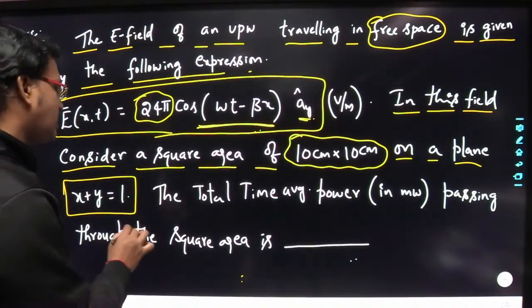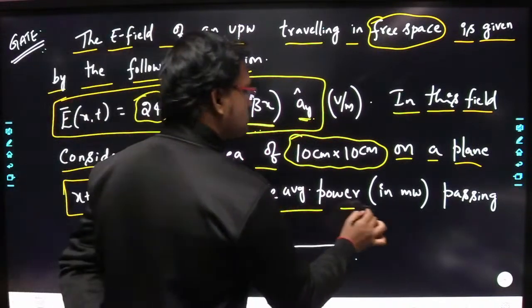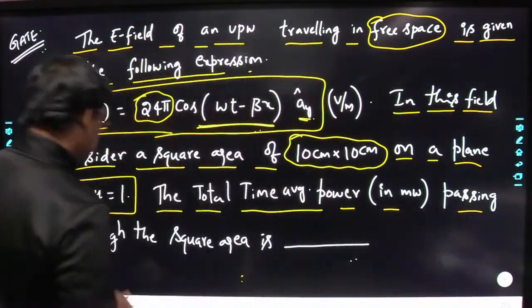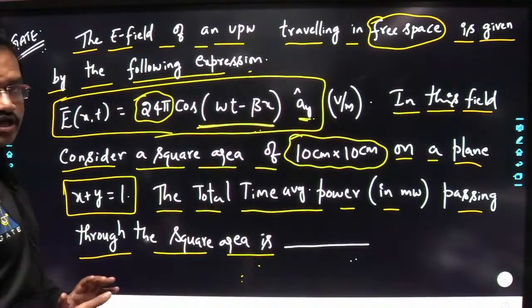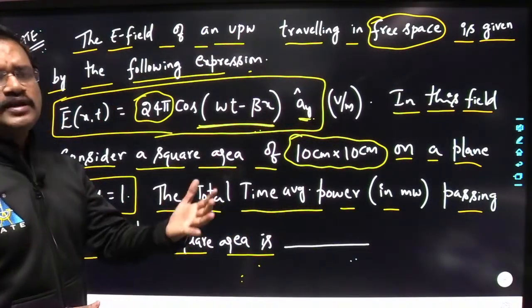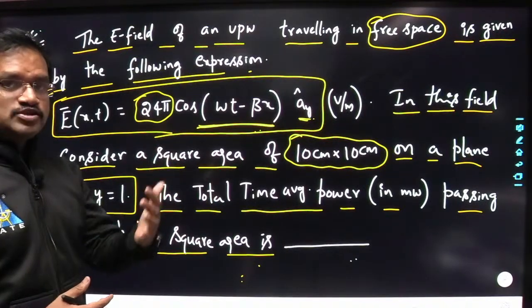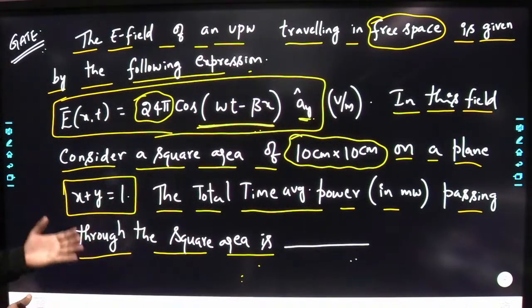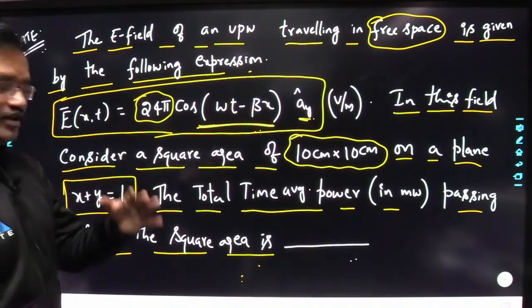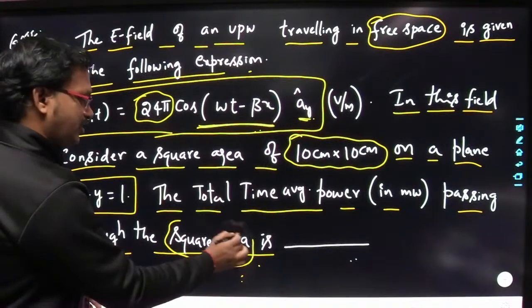Then they are asking for the total time average power in milliwatts passing through this square area. So what is the average power that is flowing through the surface, or passing through the square area?